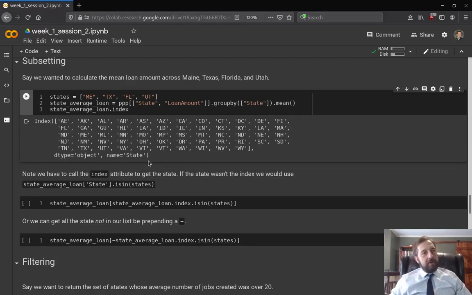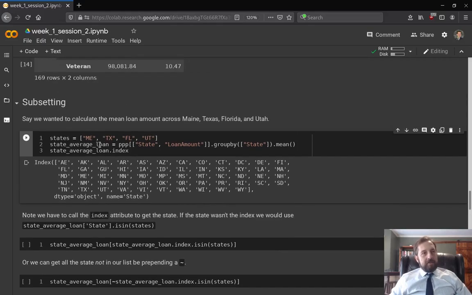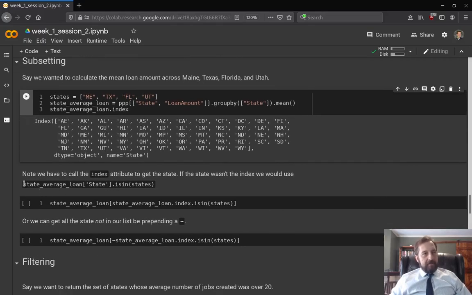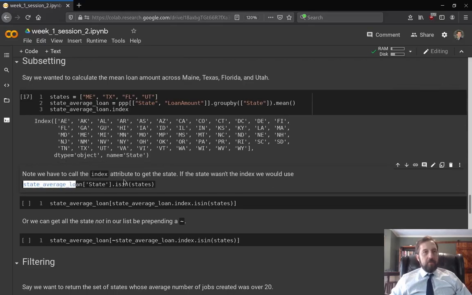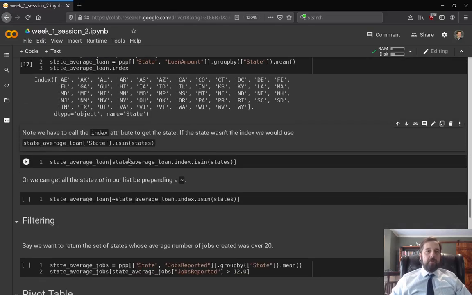And the reason why I wanted to do this was, if state was just a column, then we would use this: state average loan, state is in states. However, because state is in the index, we have to use, so this is what's going to create our Boolean: state average loan index is in states, right?